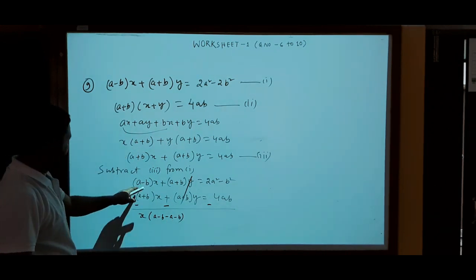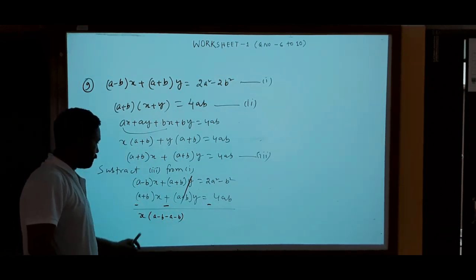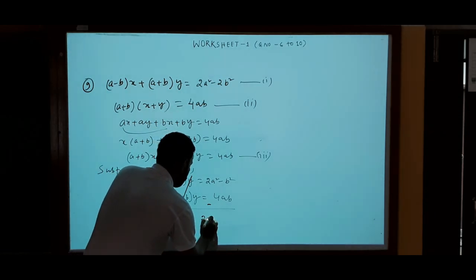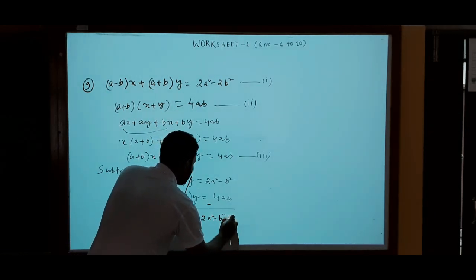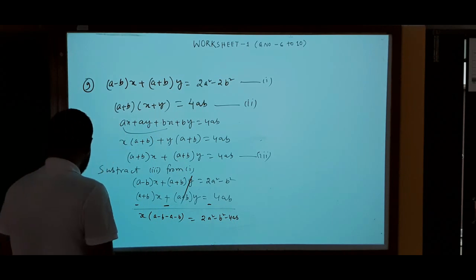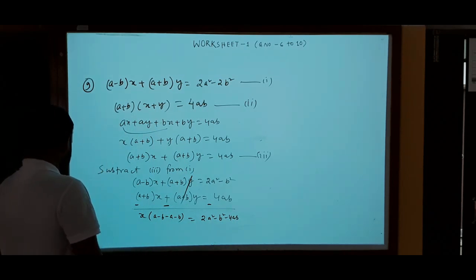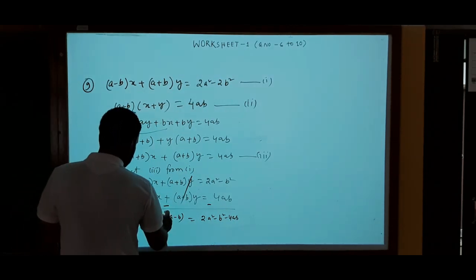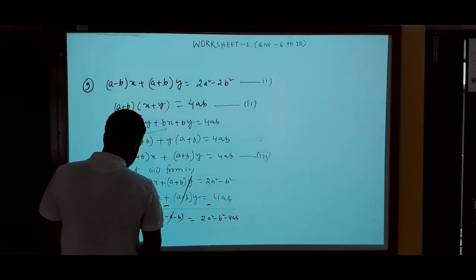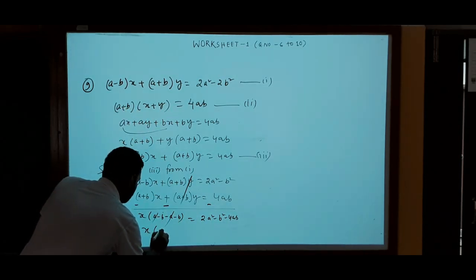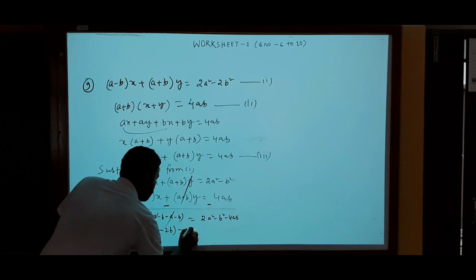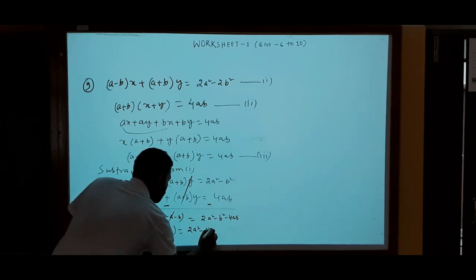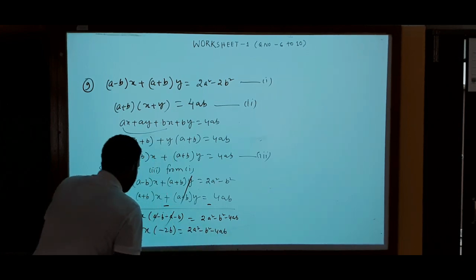Okay, directly I am writing a minus b and this minus a minus b. Here it is 2a square minus b square minus 4ab. So b, a will get cancelled. So x into minus 2b equal to 2a square minus b square minus 4ab.